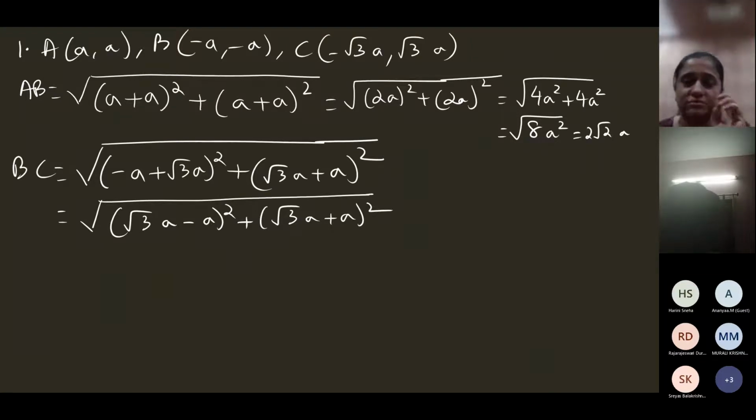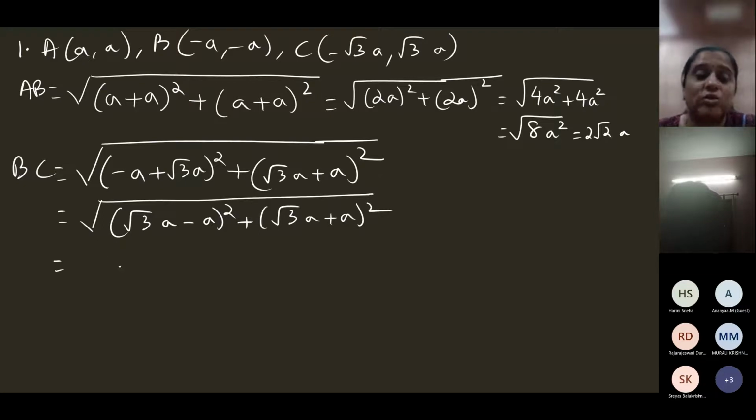Listen carefully, children. Root 3A minus A the whole square plus root 3A plus A the whole square. Now, this is of the form A minus B the whole square plus A plus B the whole square.